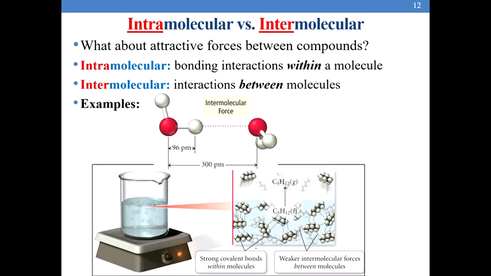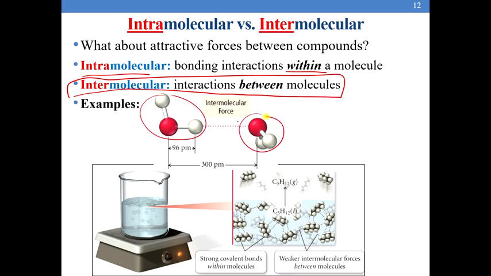So just to be clear, within a molecule, the covalent and ionic, the intramolecular forces, those are the covalent and ionic interactions. Intermolecular forces that we're going to look at, there's 3 of them we're going to look at, are between molecules, okay? So this is a water on the left and a water on the right, and we have some kind of attractive force that's represented by this red dotted line.